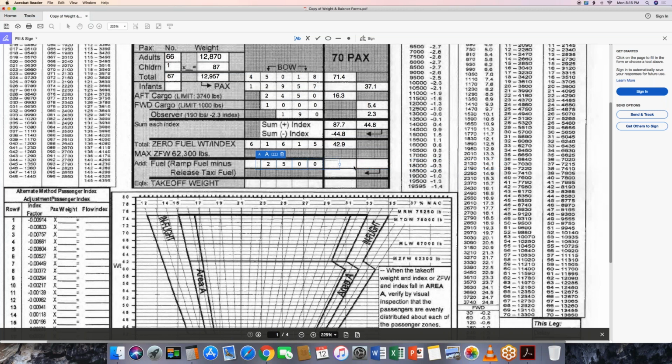Okay. And that leaves us with an index of negative 1.5 just for the fuel. Okay. So we bring that down here.